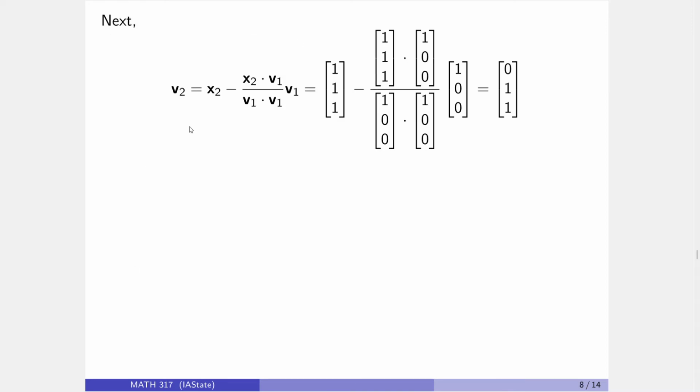Well, V2 is created by taking X2 and subtracting off the expression from the proof. Specifically, V1 scaled by this. And now, like I said, if you've taken Calc 3 before, this is uncomfortably familiar to you. This is taking an element and projecting it onto another one. And again, we're going to get into that in a little more detail in class on Tuesday.